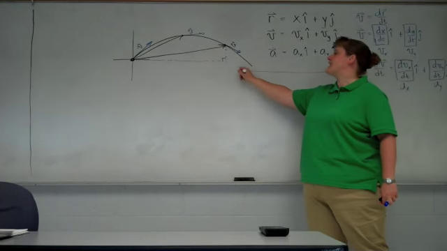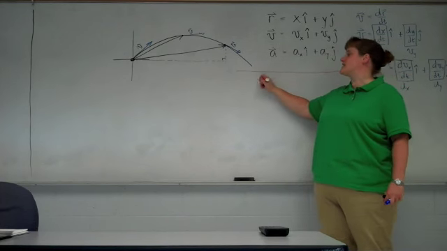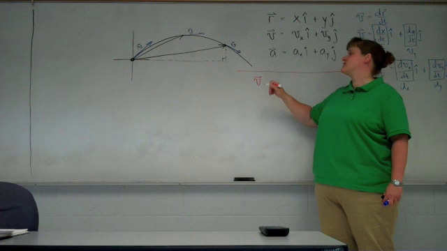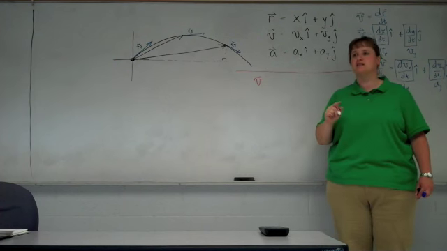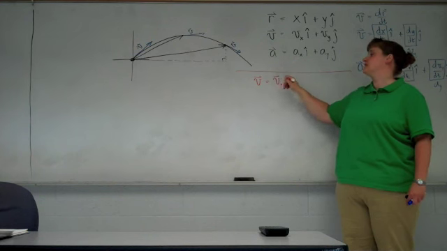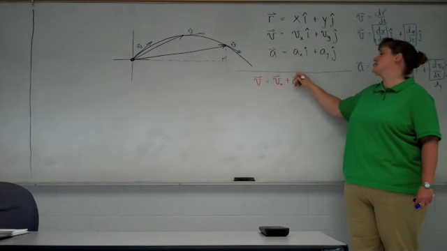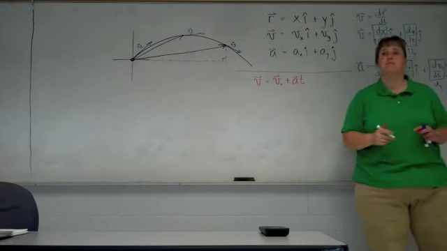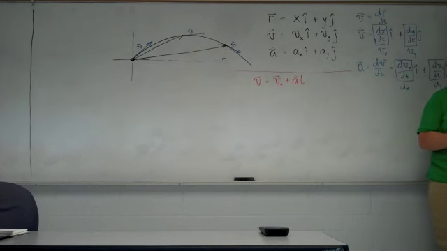When we integrate our acceleration to get velocity, we'll have this function. The velocity at any point in time will equal the initial velocity vector plus the acceleration vector times time. So that kinematic equation is still perfectly valid as a vector.